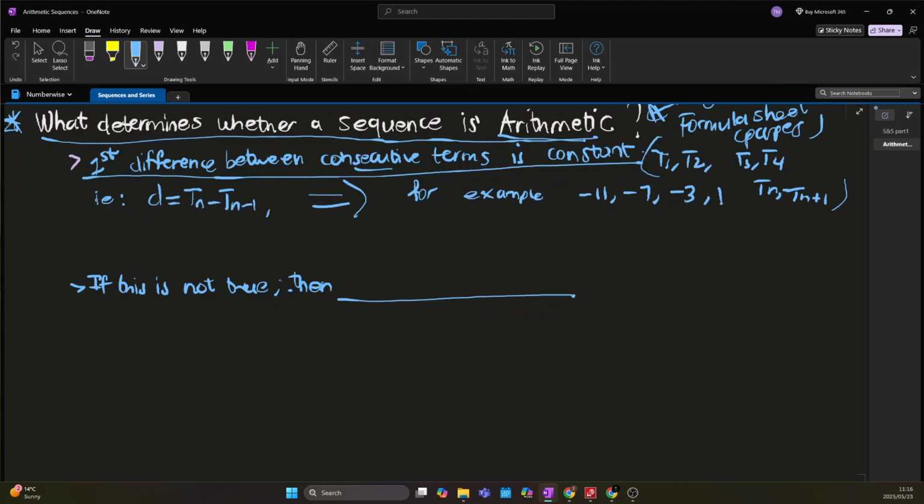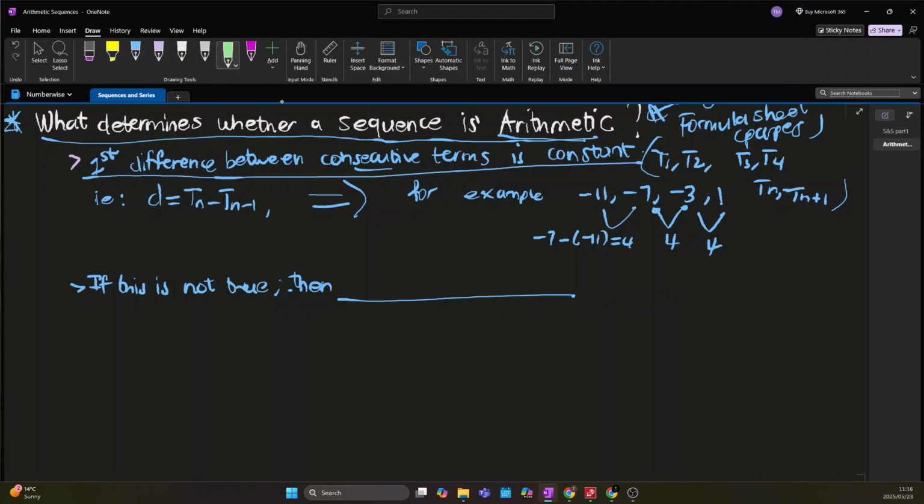What do I mean by that? If we take the second term minus the first term, we're going to have -7 minus 11, which is equal to 4. Then term 3 minus term 2 is also 4, and this and this are also 4.